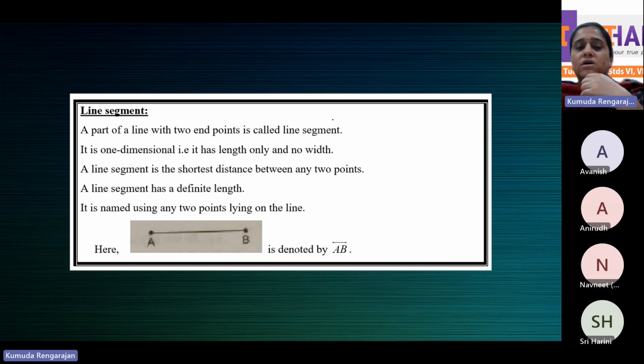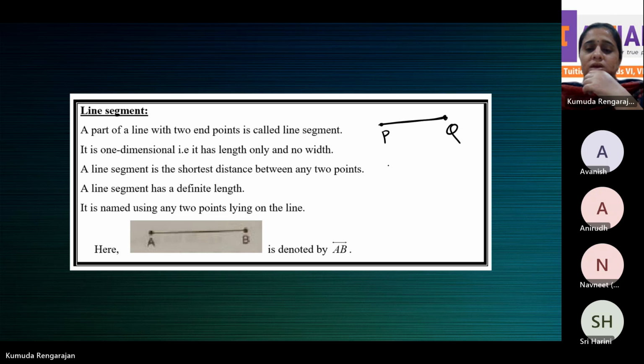Now, how do you name a line segment? So these are the 2 endpoints of the line segment. If it's a point, capital letter. So this is the line segment PQ. The 2 endpoints are P and Q. So maybe line segment AB.